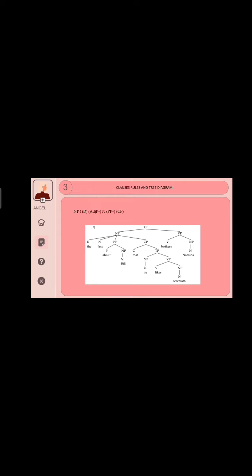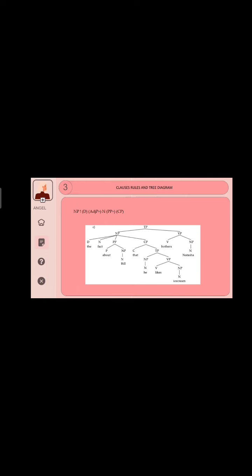So TP is noun phrase, determiner the, and then the noun is fact, and then the prepositional phrase about, and then the noun phrase, noun Bill, and then the complementizer phrase, and the complementizer is "that." And then TP, the tense phrase, is noun phrase, noun he, and then verb phrase, verb likes, and then noun phrase, and noun is ice cream. The verb phrase, bothers, verb, and then the noun phrase, noun Natasha.